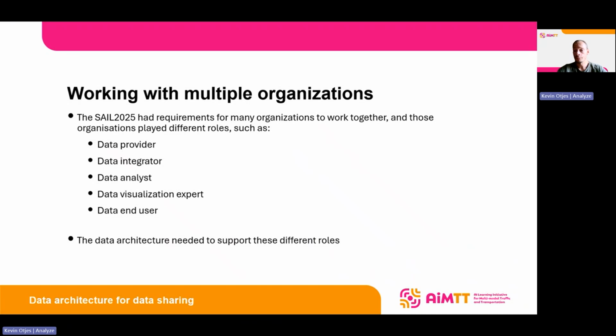And those roles, you could characterize them as different types when it comes to data sharing. We had data providers, we had data integrators. Those are the organizations that not so much create data, but rather make data connectable to other data.